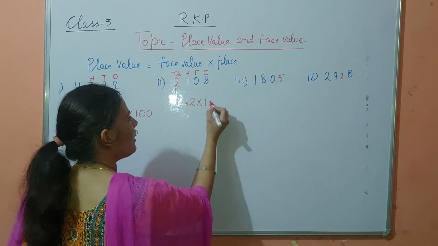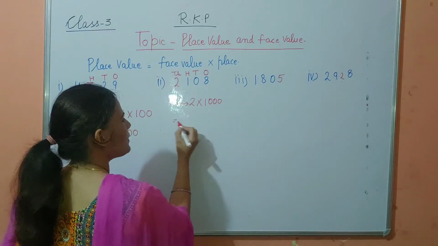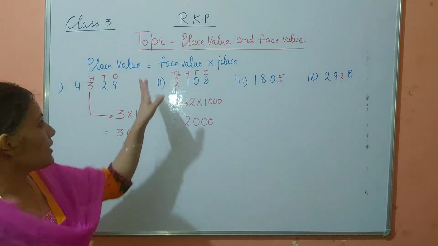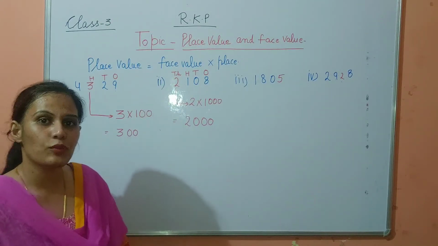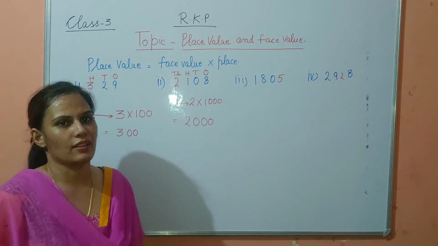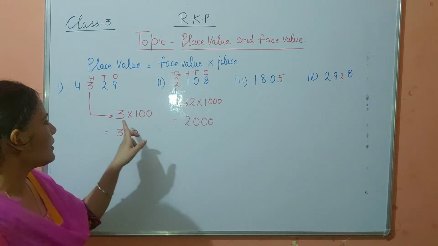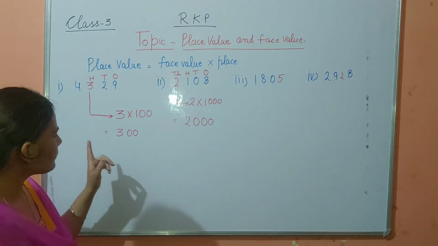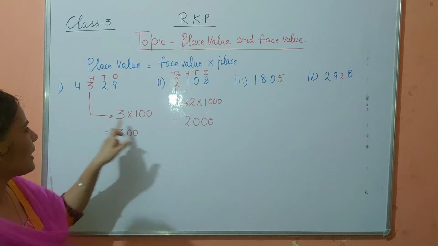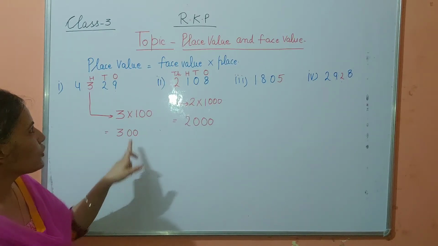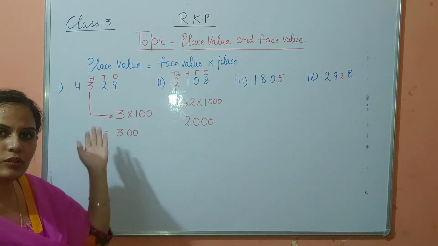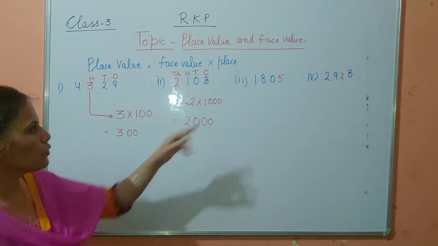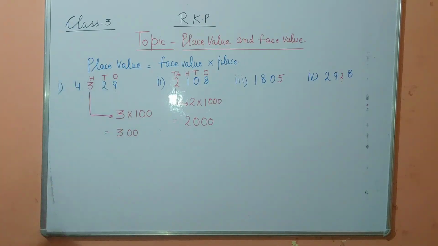So multiply with 1000. What number will come? 2000. It is not a second formula. It is the formula that was generated. You have already studied. We have written 300 or 3 into 100 like this. Or you can write the digit like this also. So you can use either way, or you can use that formula also. So do these questions by yourself.